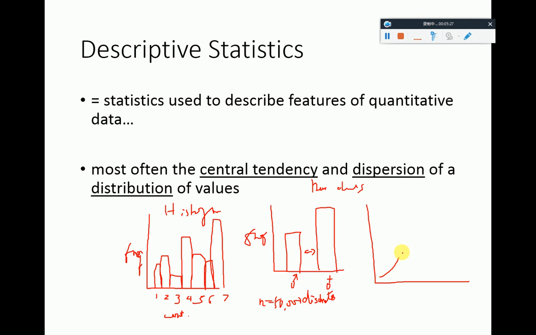Gradually we'll have some kind of curve instead of bins with distinctive shapes. So very soon, as we increase our sample size to be very large, we'll have distributions that look like a curve.